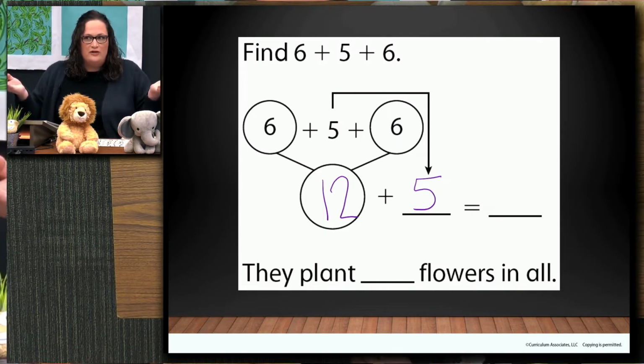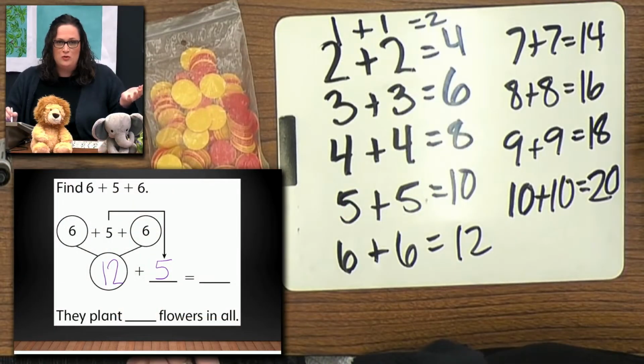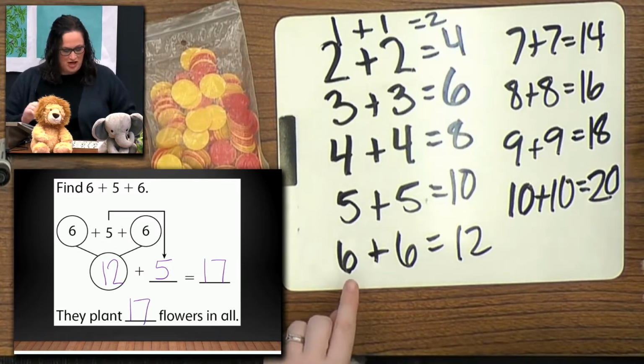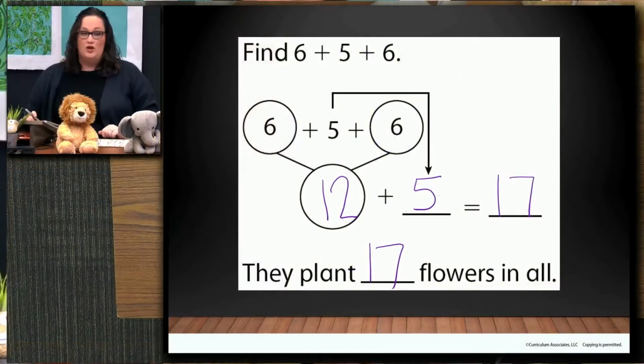What is 12 and 5? Well, what is 5 ones and 2 ones? 7 ones. So 12 plus 5 is 17. So how many flowers should they plant in all? 17 flowers. Look, let's check. 6 plus 6 is 12. Beautiful. Okay.